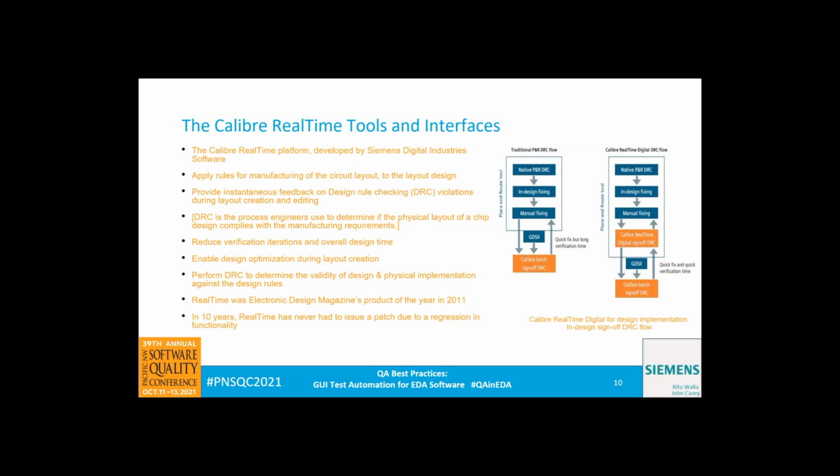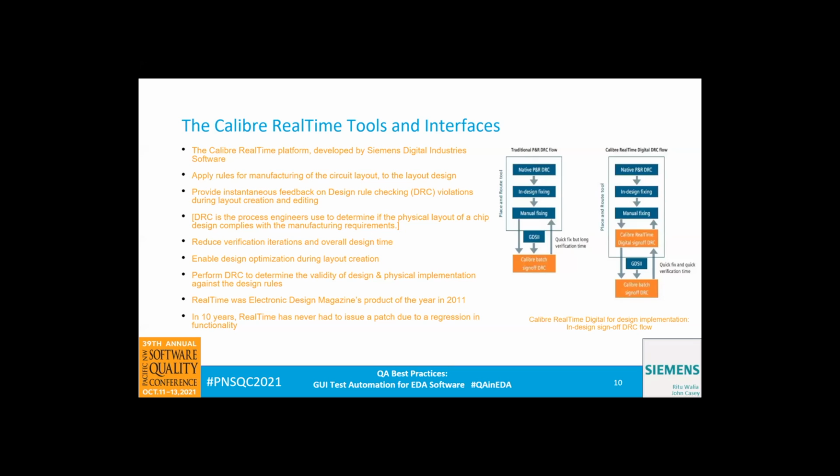RealTime overcomes these computational challenges, for example, reducing verification time as shown in the diagram here, with and without RealTime. And RealTime does that by introducing the Calibre RealTime Digital sign-off DRC component that can be integrated in the physical design implementation flow with the external tool. This way, it successfully delivers instantaneous rule checking whenever required.